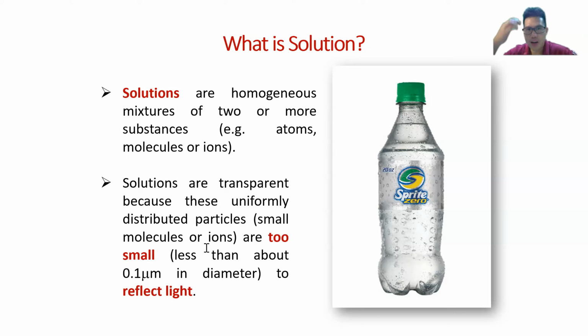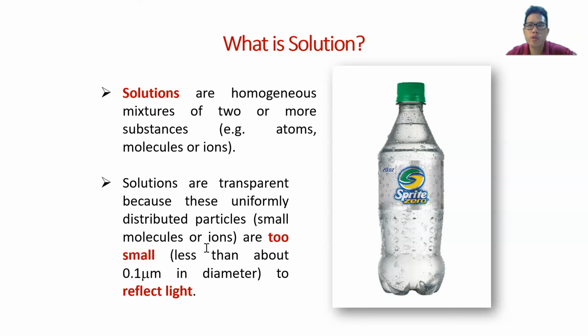For solutions, again, it depends on what kind of ingredients you put inside. In general, solutions are made of small molecules, atoms, ions and so forth, and they are usually too small to reflect light, so they are transparent.